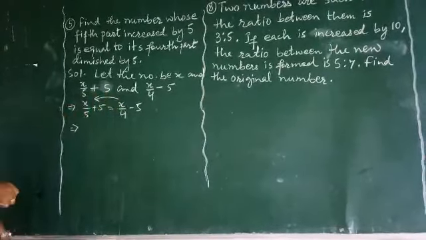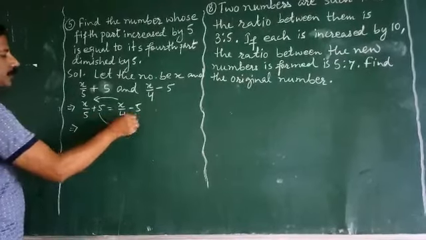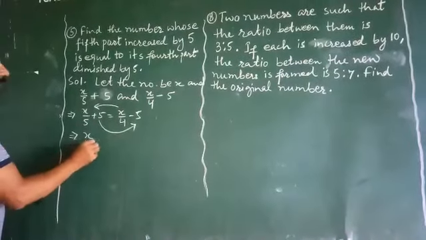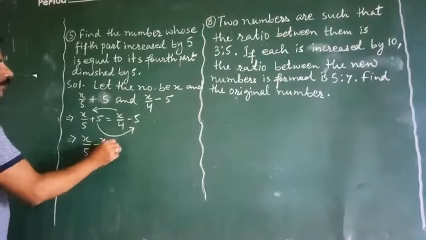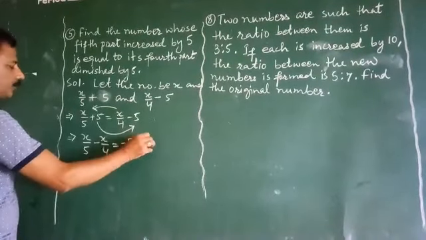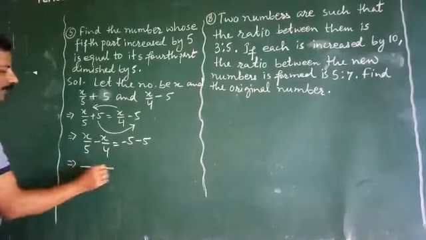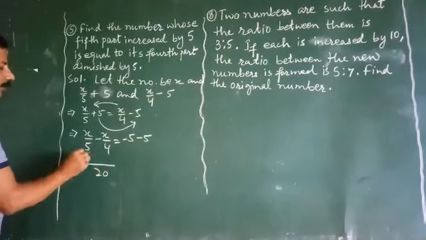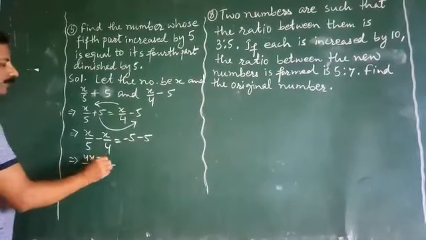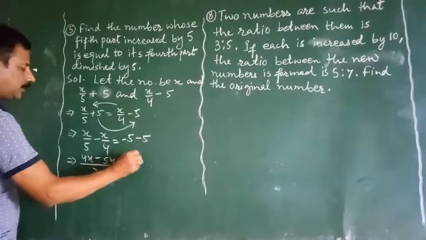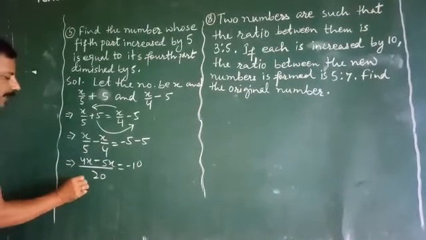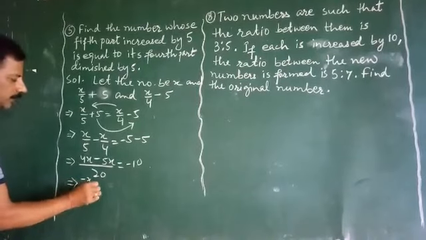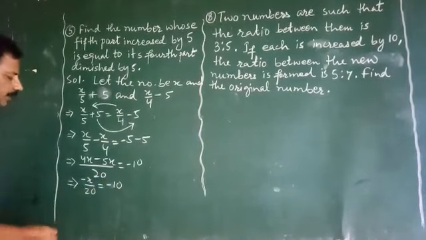Transposing x by 4 to the left hand side and 5 to the right hand side, x by 5 minus x by 4 equals minus 5 minus 5. LCM of 5 and 4 gives 20. 4x minus 5x equals minus 10. Minus x by 20 equals minus 10.